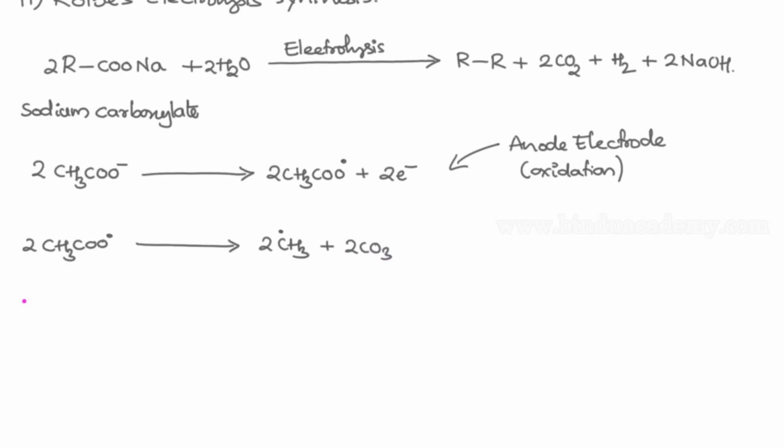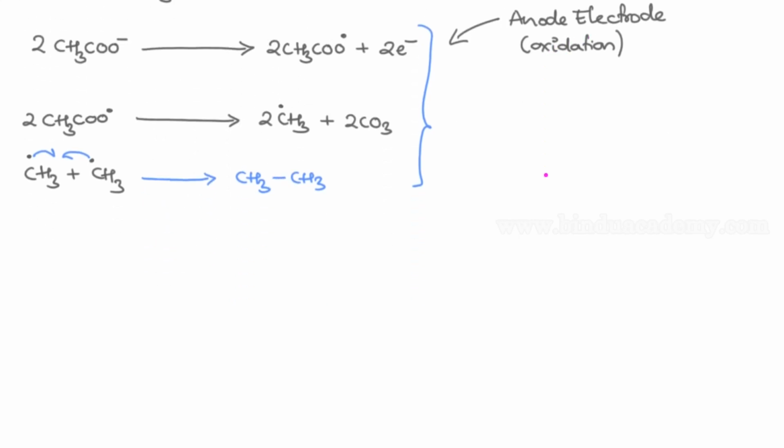Now in the next step, two methyl free radicals, CH3 dot plus CH3 dot, share their electrons. One electron is shared, that we can show here with a single arrowhead. So then CH3-CH3 is formed. So this entire reaction is taking place at the anode electrode.